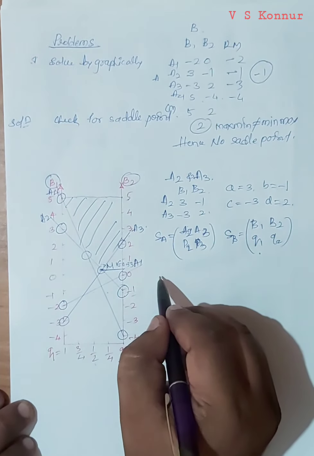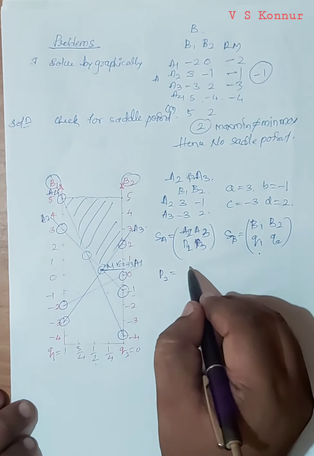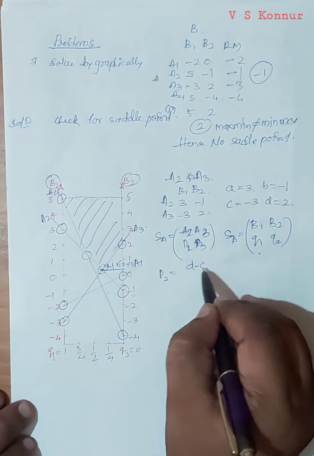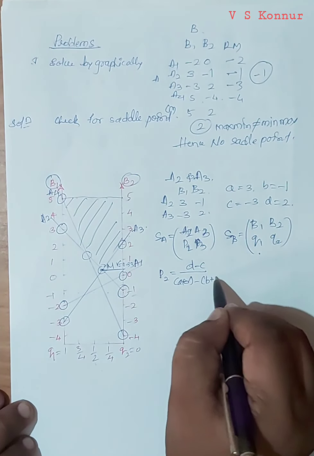Now we'll calculate the P2 value. The formula is the same: P2 equals (d minus c) divided by (a plus d minus b plus c).